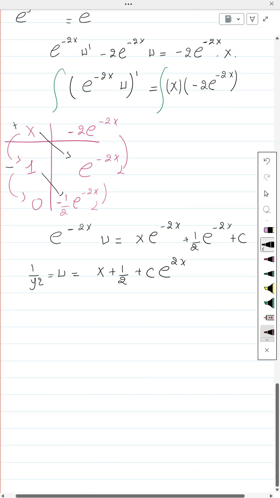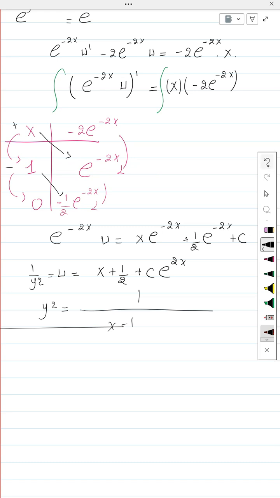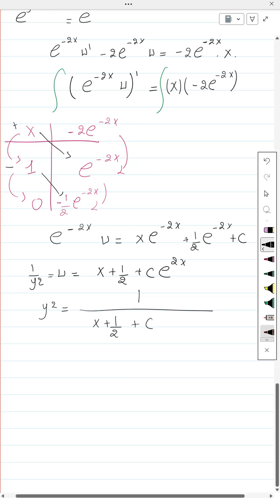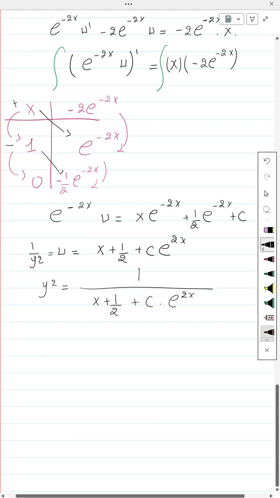So we're going to obtain y squared is going to be 1 over x plus 1 over 2 plus c exponential 2x. So by taking the square root, we're going to obtain y is plus or minus the square root of 1 over x plus 1 over 2 plus c exponential 2x, and c belongs to R.